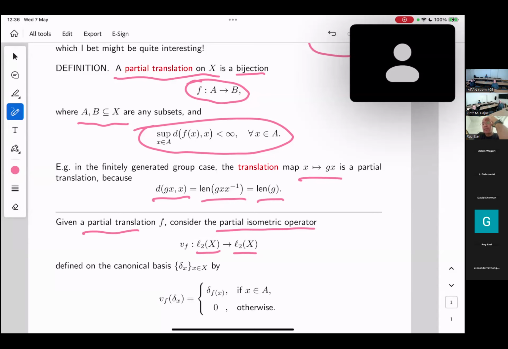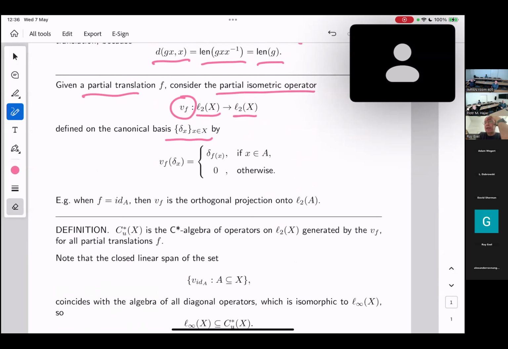So beginning with those operators that I'm calling VF, I'm defining them on the canonical basis of L2 of X, which I denote by delta X. VF is the operator that sends each delta X to delta F of X if F of X makes sense, that is, if X is in the domain of F, and if I cannot define F of X, then I simply map this basis vector to 0.